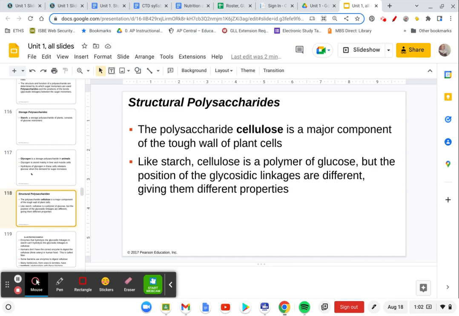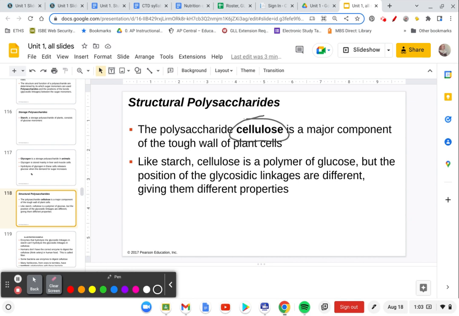As opposed to storage, there are also structural polysaccharides. These are very water insoluble, and they're not used for energy. They're used just for structure. In plants, that's called cellulose. It's a tough part of the plant cell wall that's made out of this polysaccharide called cellulose.